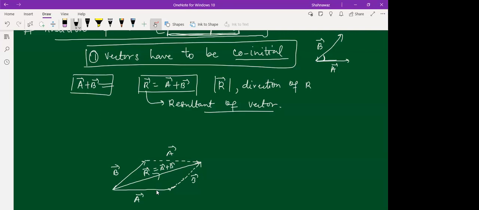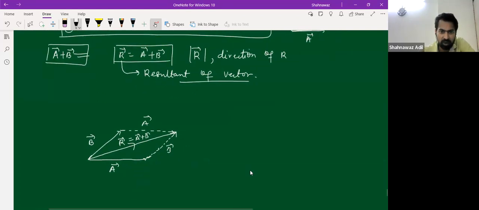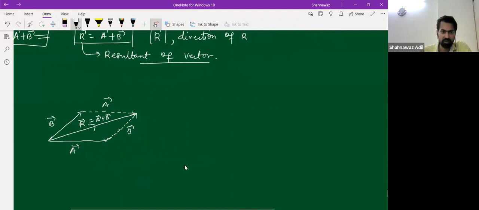To find the value of the magnitude, we have to draw some extra construction. So this is the parallelogram, right? Okay, this is not a parallelogram.